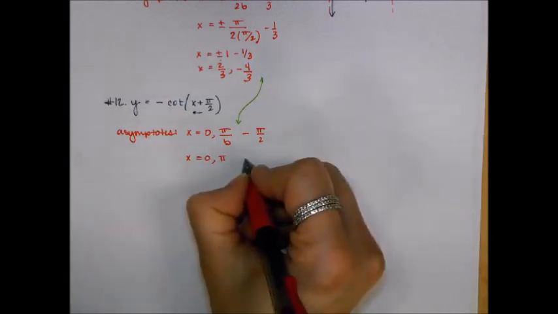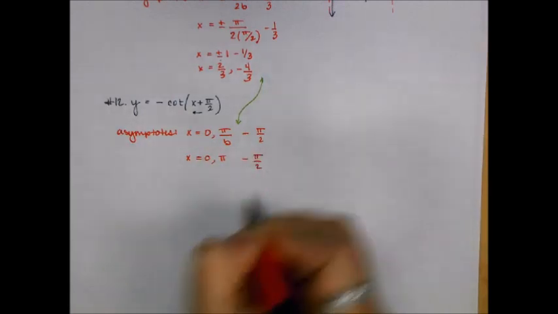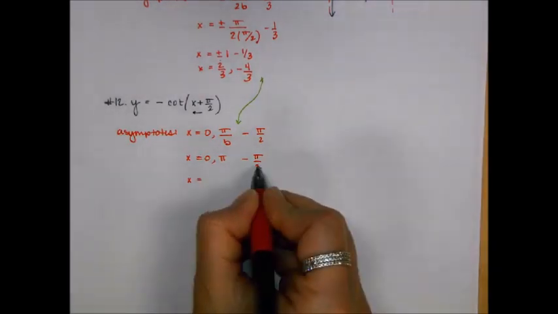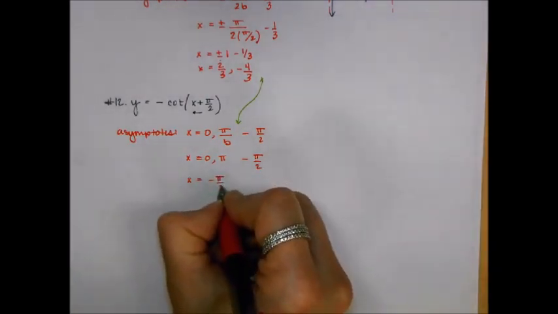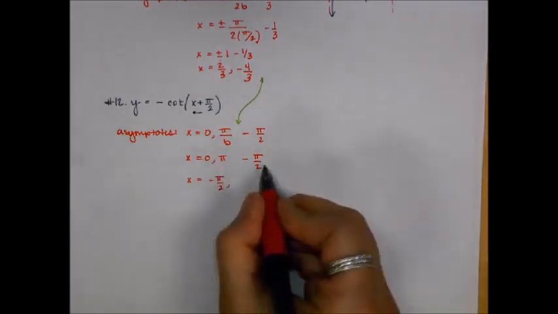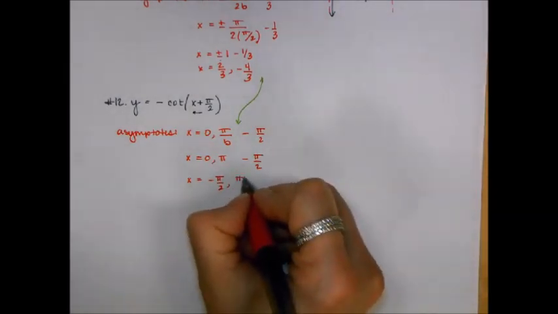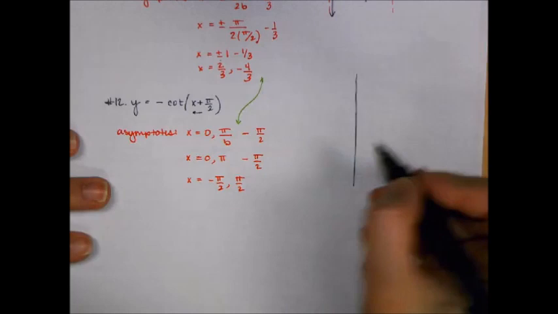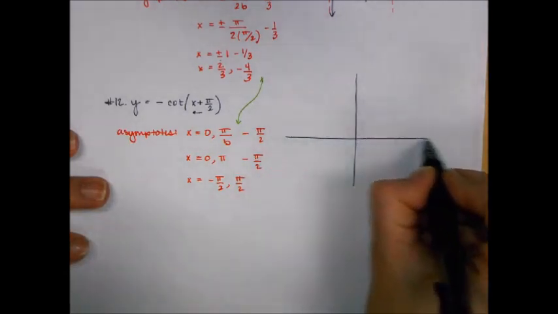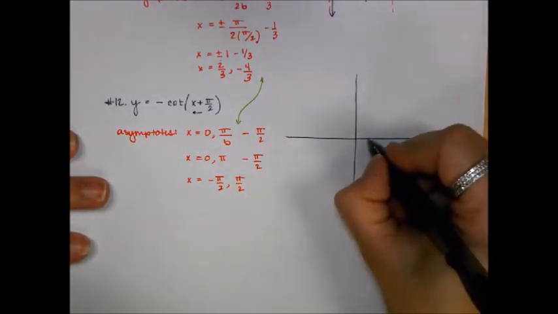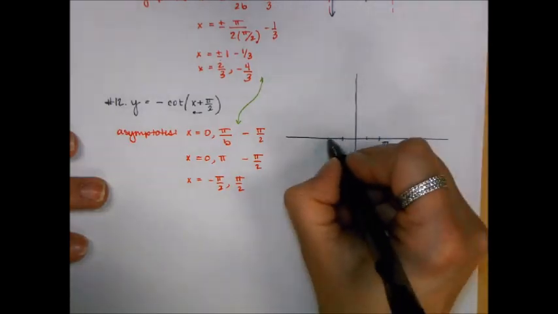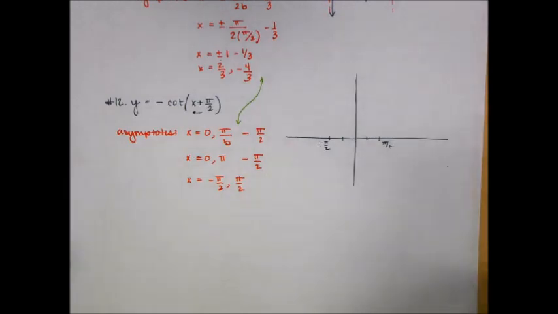So 0 minus pi over 2 is negative pi over 2. Pi minus pi over 2 is positive pi over 2. All right, so we'll draw in these asymptotes here at negative pi over 2 and positive pi over 2.